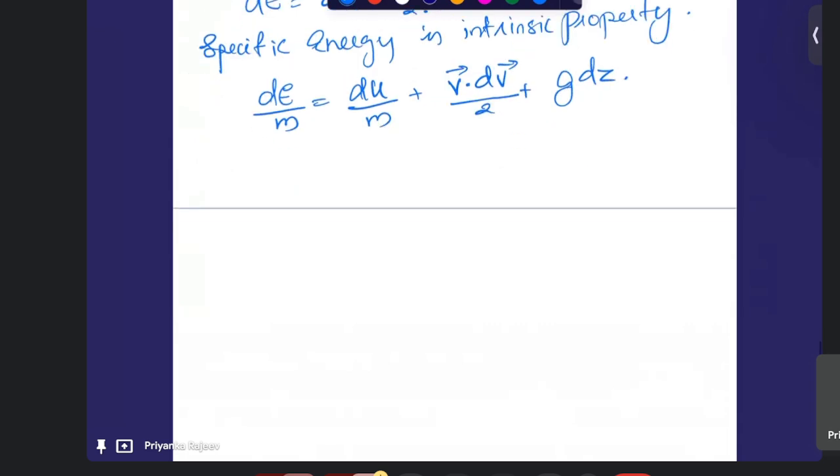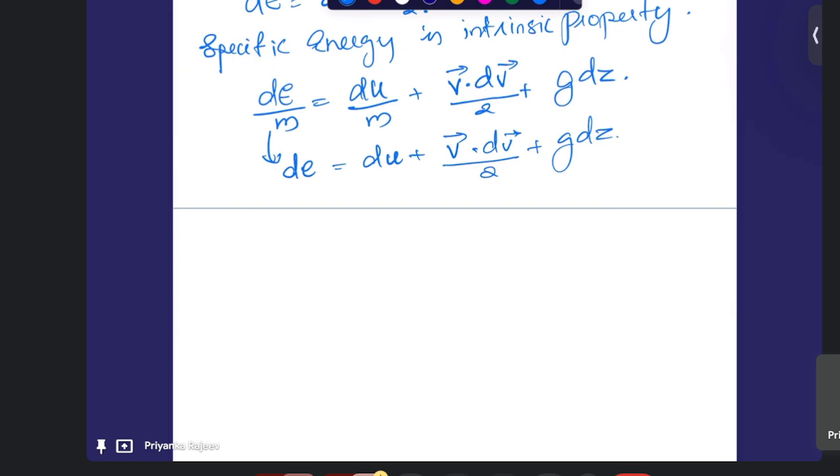Okay, so this is small e. So de equal to d small u plus V dot dV by 2 plus g dz. Okay, we generally take this whenever we are mentioning something specific.